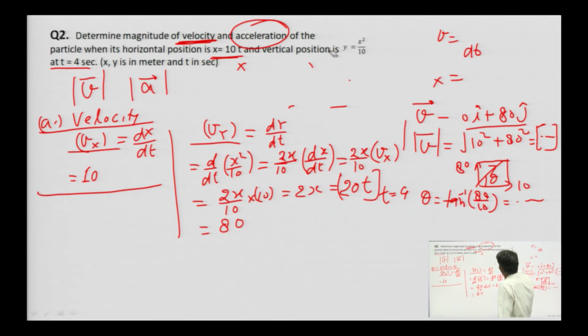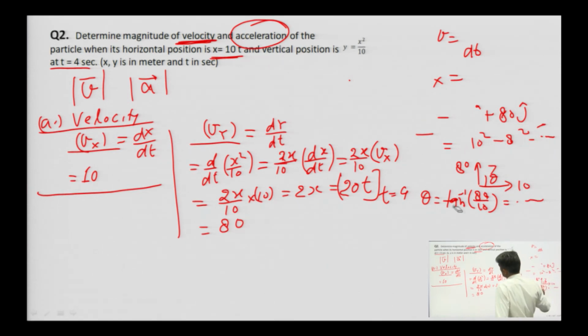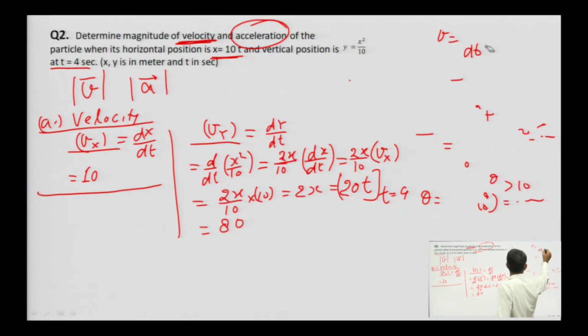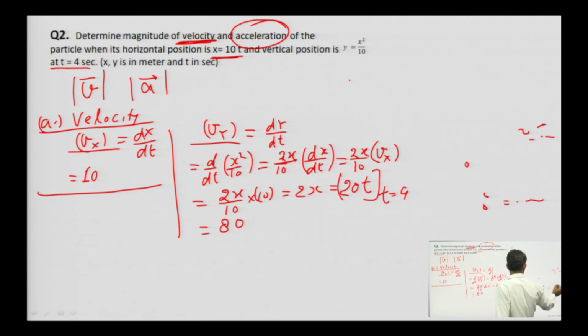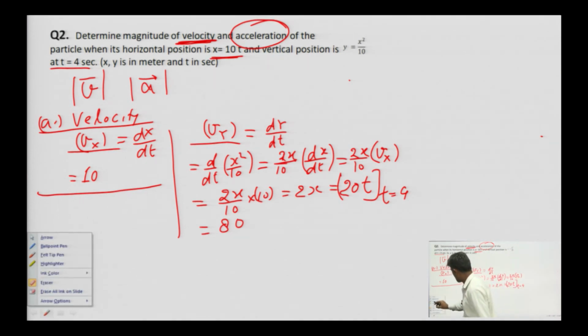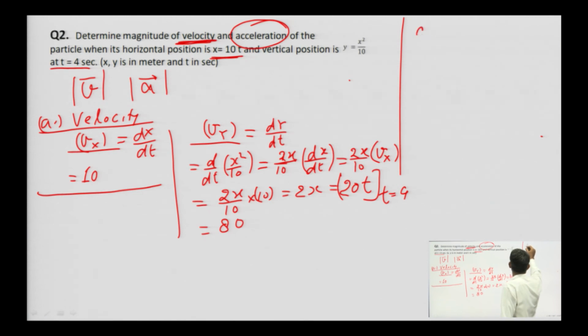So, velocity components we have calculated. Now the acceleration part. Let us calculate the ax part and let us calculate the ay part for acceleration.